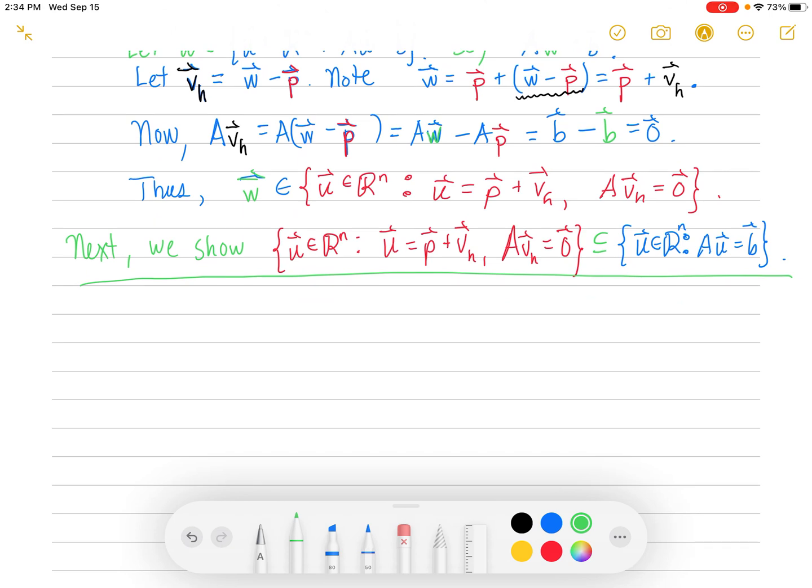So to show that the red set is contained in the blue set, I'm going to pick an arbitrary element in the red set. Let's call it W again. So let W be a vector in the red set, all those vectors in Rn that can be decomposed as a particular part plus a homogeneous part.